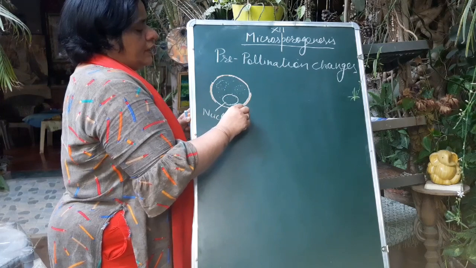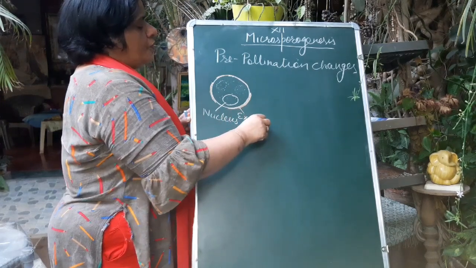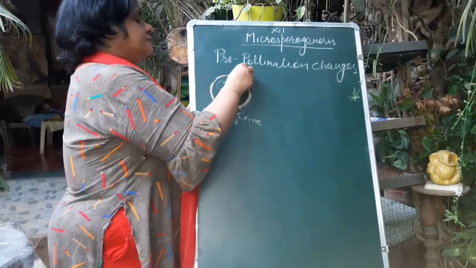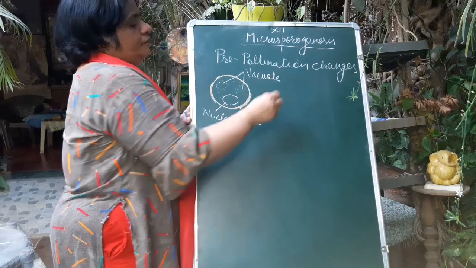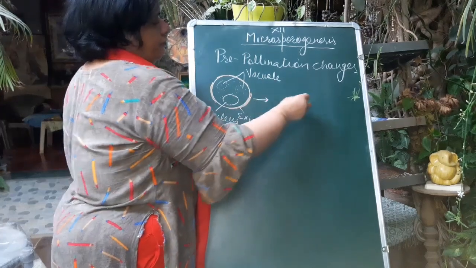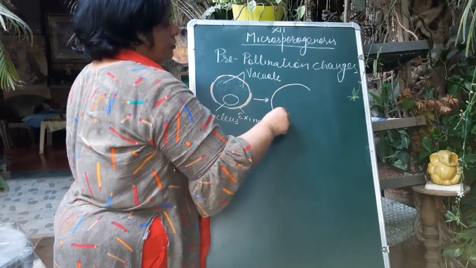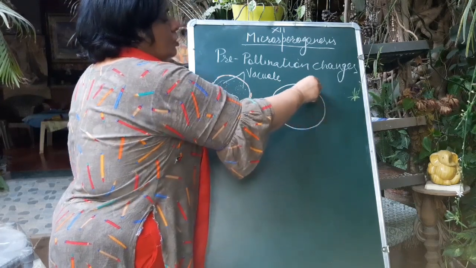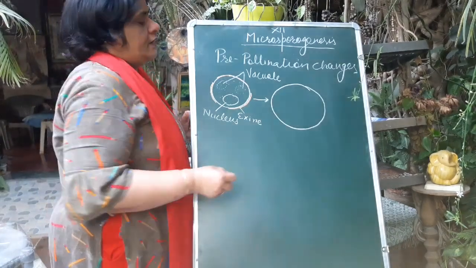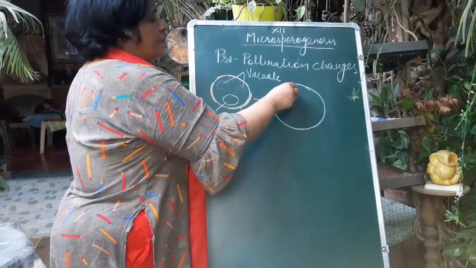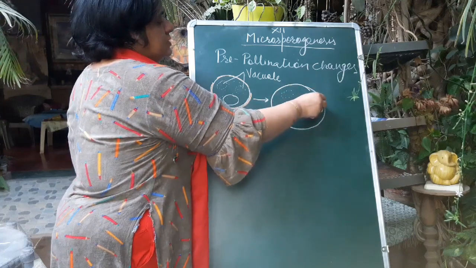This is outer layer, that is called exine. Exine is made up of sporopollenin, and these are the development of vacuoles. Then next, further enlargement of pollen grain. How? Due to continuous absorption of food material or nutrient, and secondly development of these vacuoles.